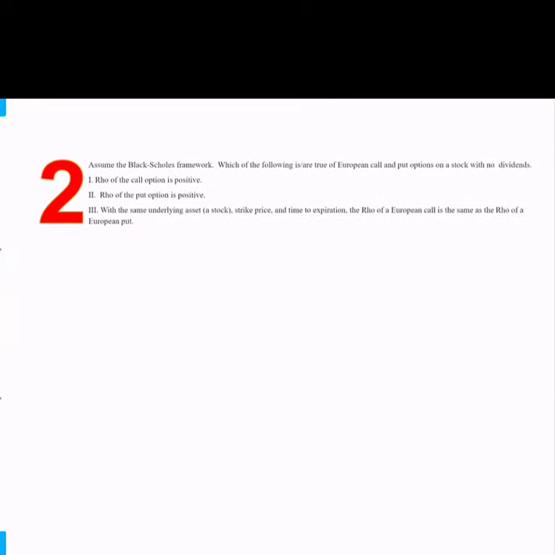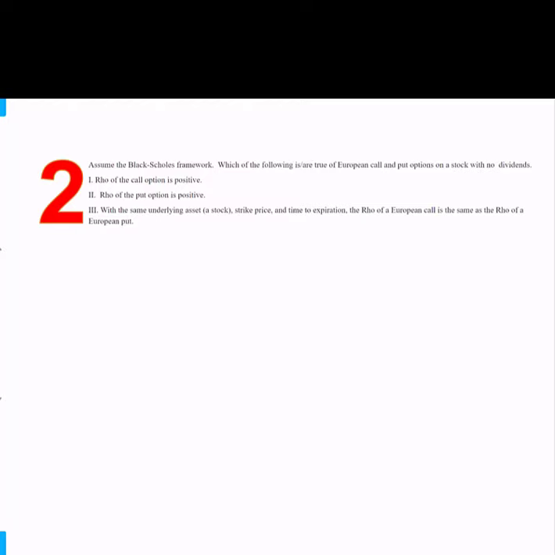Alright, so now let's move on to the next problem. Problem number 2. Assume the Black-Scholes framework, and which of the following are true or false? You see that?